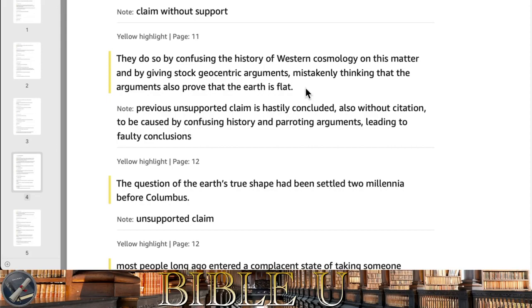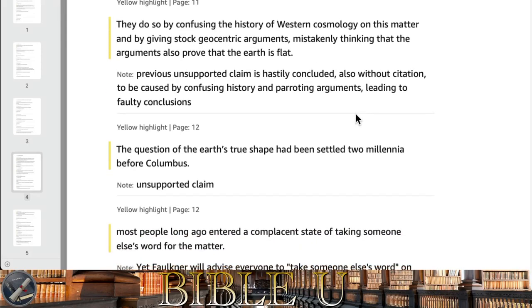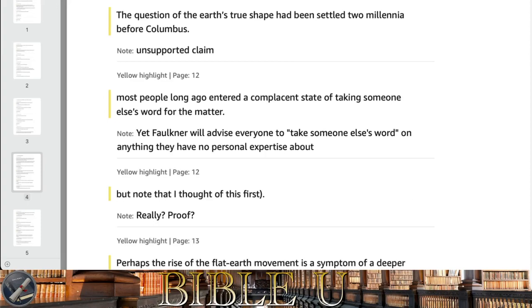So by confining it to Western cosmology, this is cherry picking on a grand scale. And so let's just leave that for the time being and go on in the notes here to page 12 of my copy. And he says, the question of Earth's true shape had been settled since 2 millennia before Columbus.